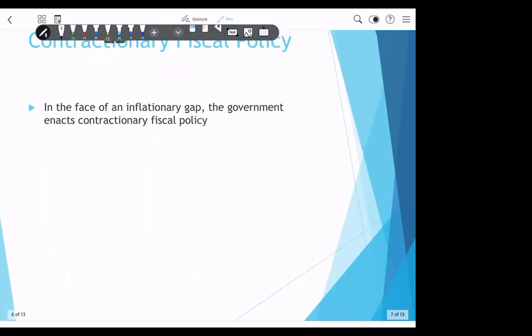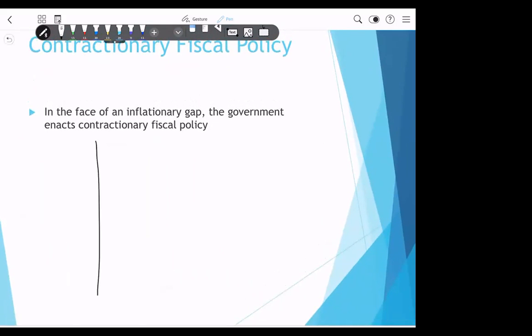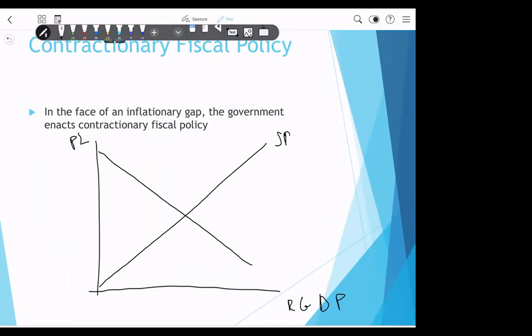Okay, same deal for contractionary fiscal policy. Price level, real GDP. And then this amount right here is the inflationary gap.